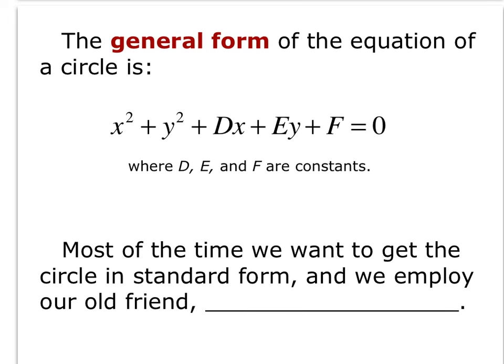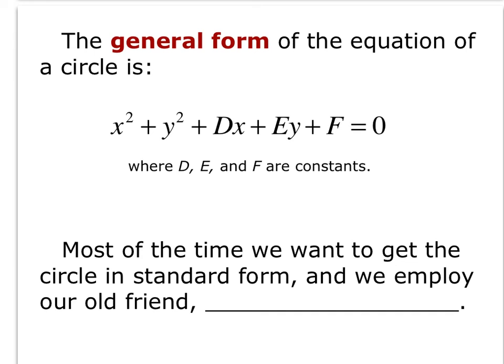Unfortunately though, when we see circles, or really quite a few of the conic sections, they're given to us in general form, so they're not factored out nicely so we can see what the key features are. Here's the general form equation of a circle: x squared plus y squared, as you'd expect, and then we have various coefficients d, e, and f, which are constants.